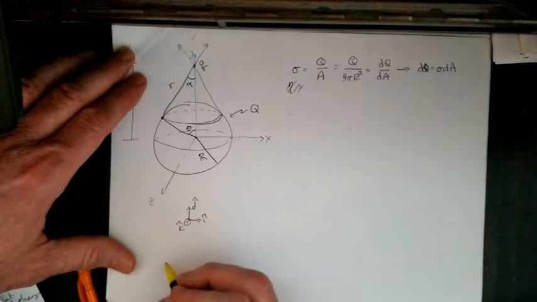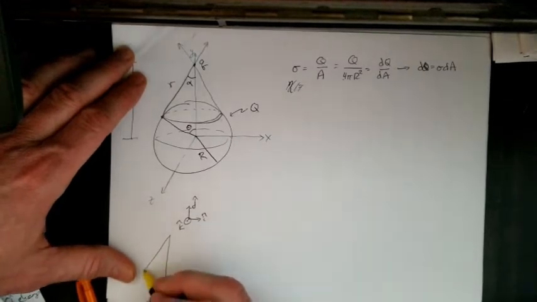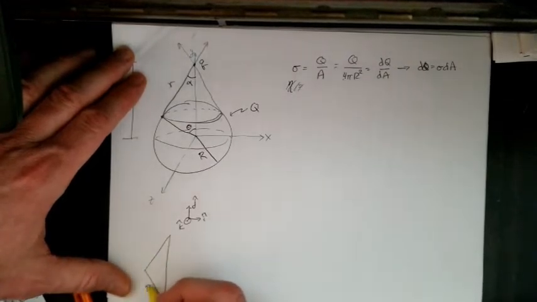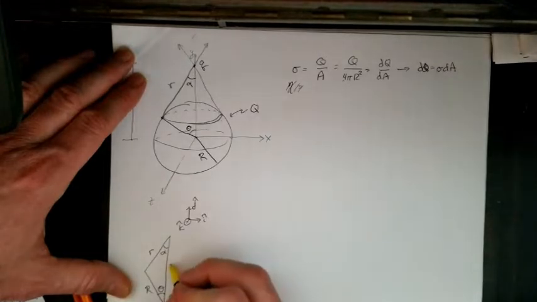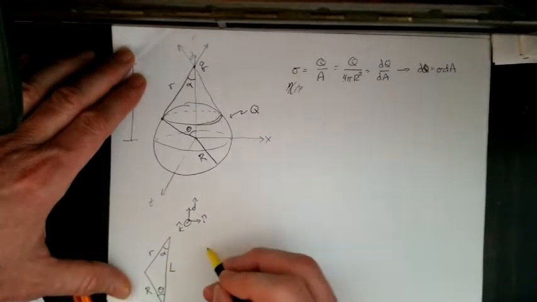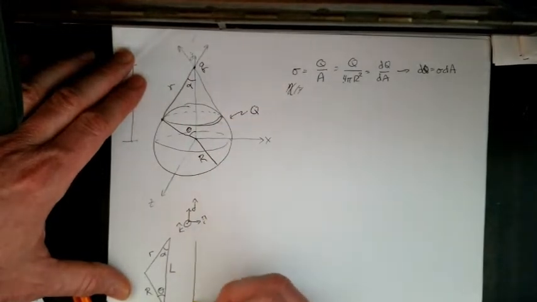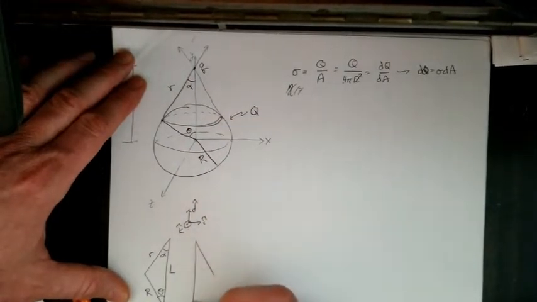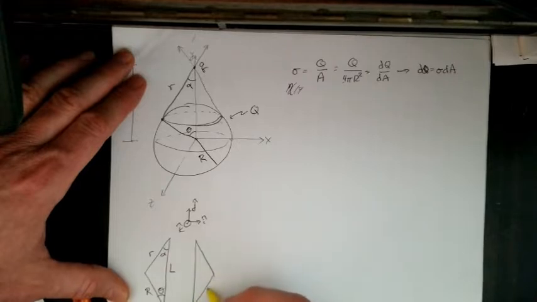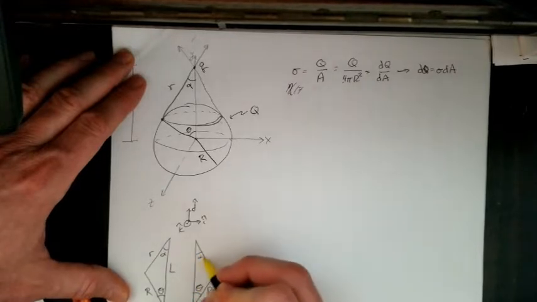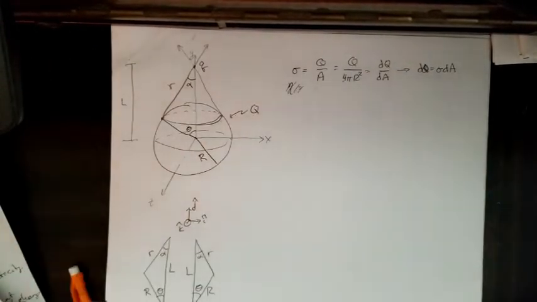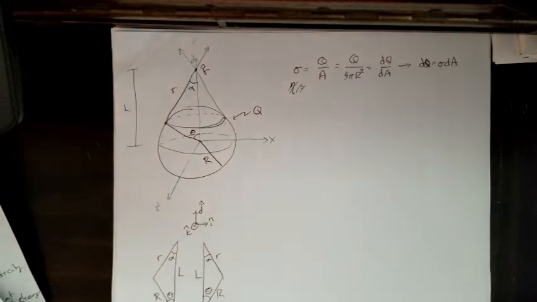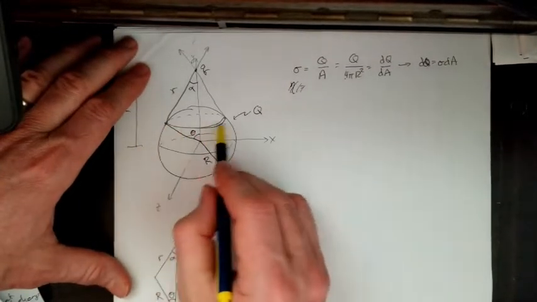And so I have a triangle here where this length is big R, this angle is theta, this angle is alpha, this length is little r, and that is L. I might take the point over here in terms of drawing it, just for those who can't flip around in their head quickly: that's R, theta, alpha, little r, and L. And basically, there's 360 degrees of this because this hoop right here is a circle.